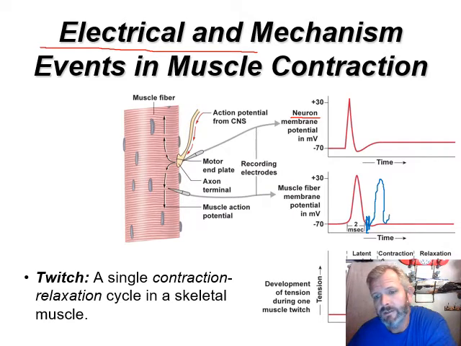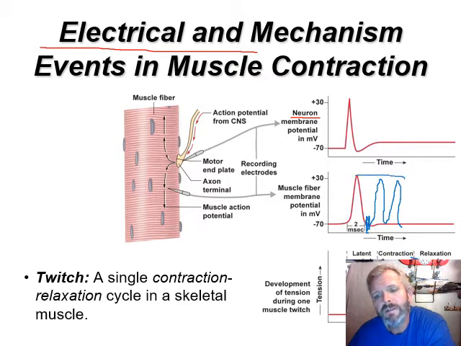I'm going to induce a new action potential here. What do you see happening with the muscle? I can zap or give an action potential to the muscle several times before I even get into relaxation.